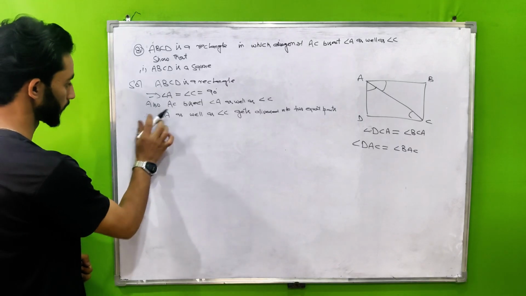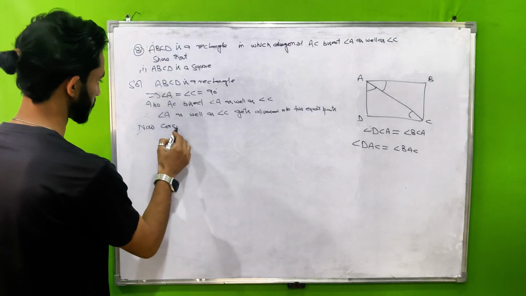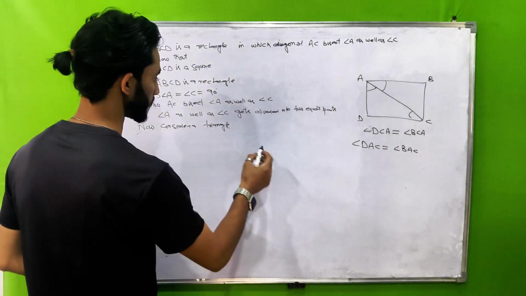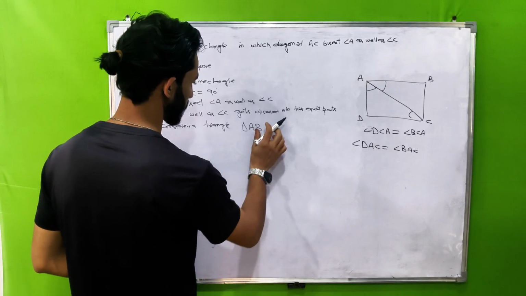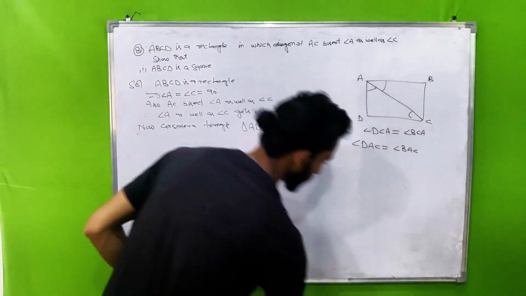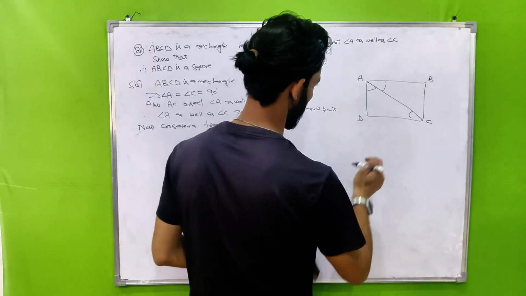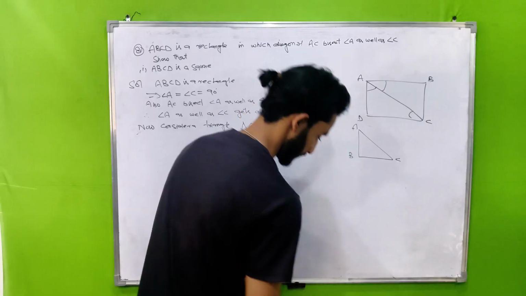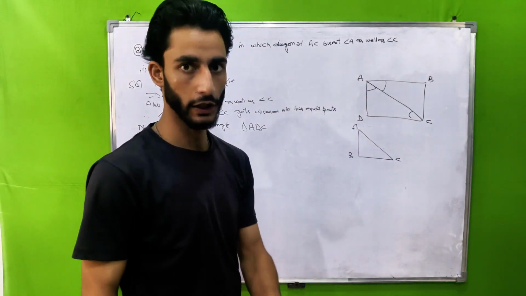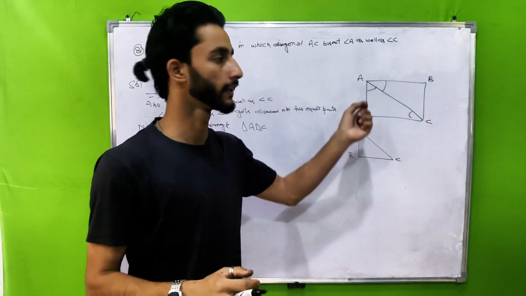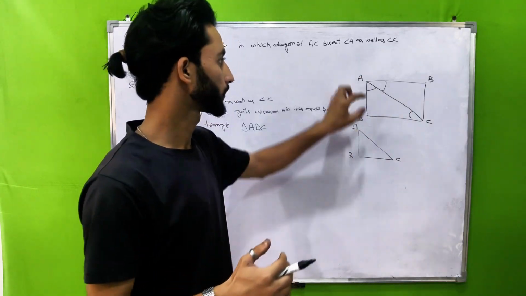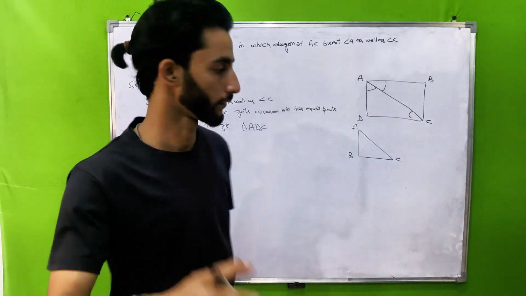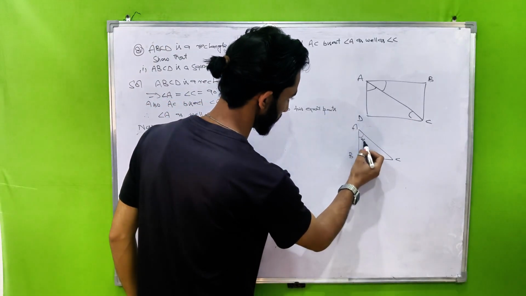Now consider a triangle. Which triangle? Triangle ADC. Let's construct this triangle ADC here. As this angle A and angle C get divided into two equal parts, and the measure of angle A and angle C is 90 degrees, the one part of this angle A is 45 degrees, which is equal to the one part of this angle C, that is again 45 degrees.